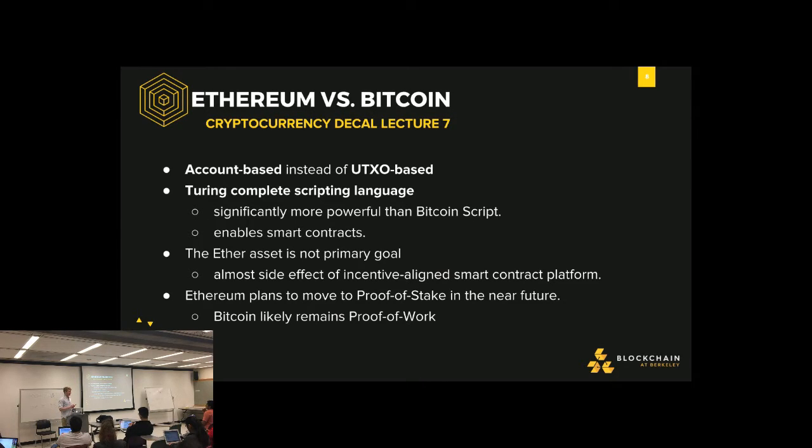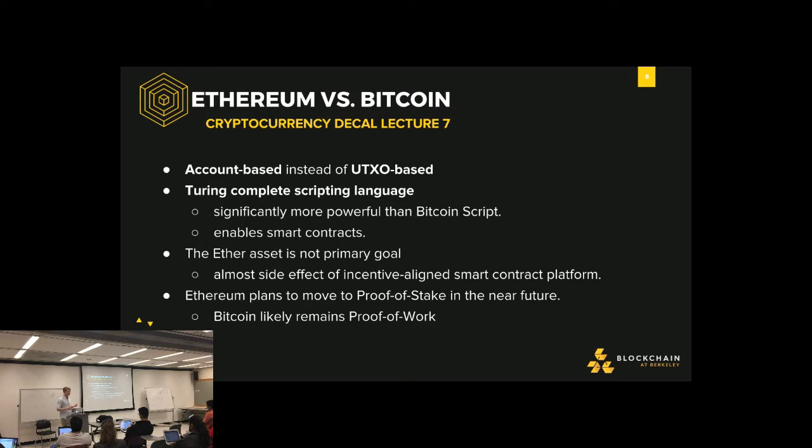So one really interesting thing to note is that the Ether asset is actually not necessarily a primary goal of Ethereum. Really, it's a side effect of having an incentive-aligned smart contract platform, and also acting as something that smart contracts can trade between each other.